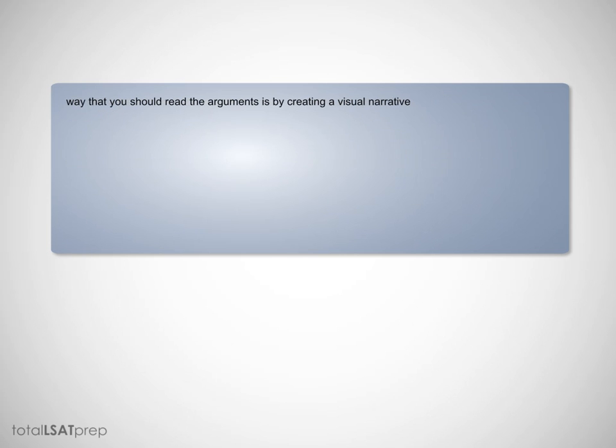The way that you should read arguments is by creating a visual narrative. When you read a sentence and picture a scenario or image that captures that information, then the subsequent sentences are much easier to assess in terms of the relationships because you'll be incorporating those visuals into your overall picture. And you'll have something that's much easier to recall and reference. The way that we absorb and retain information is much more visual than auditory.